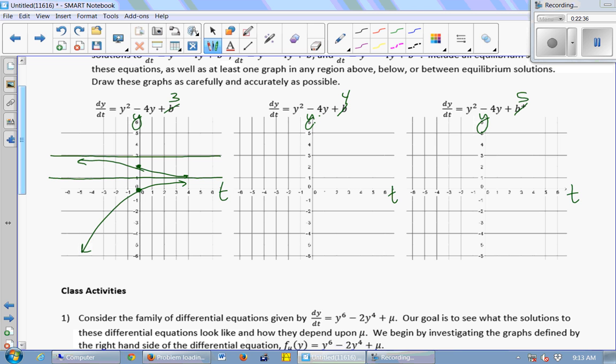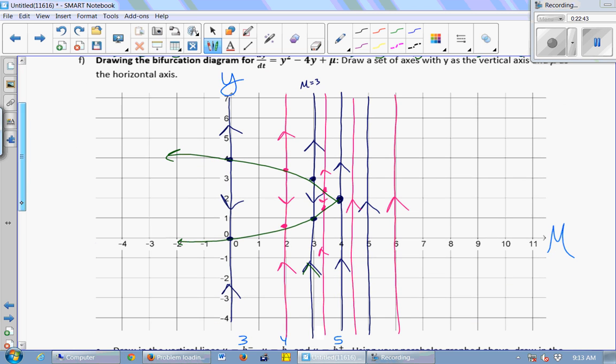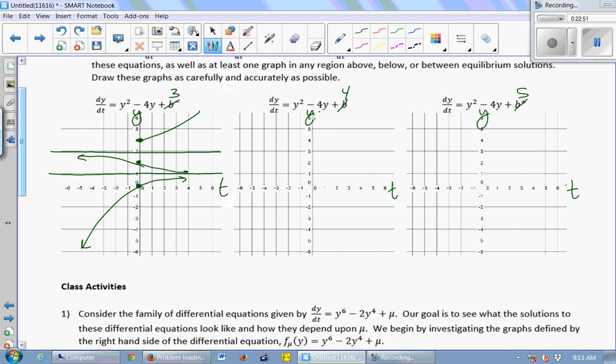And then if I had an initial value at 4 above 3, what does my arrow look like above the equilibrium point of 3? It points up, so my function is going to be increasing. So I would draw it like this, something like that. And you can never cross the equilibrium solutions.